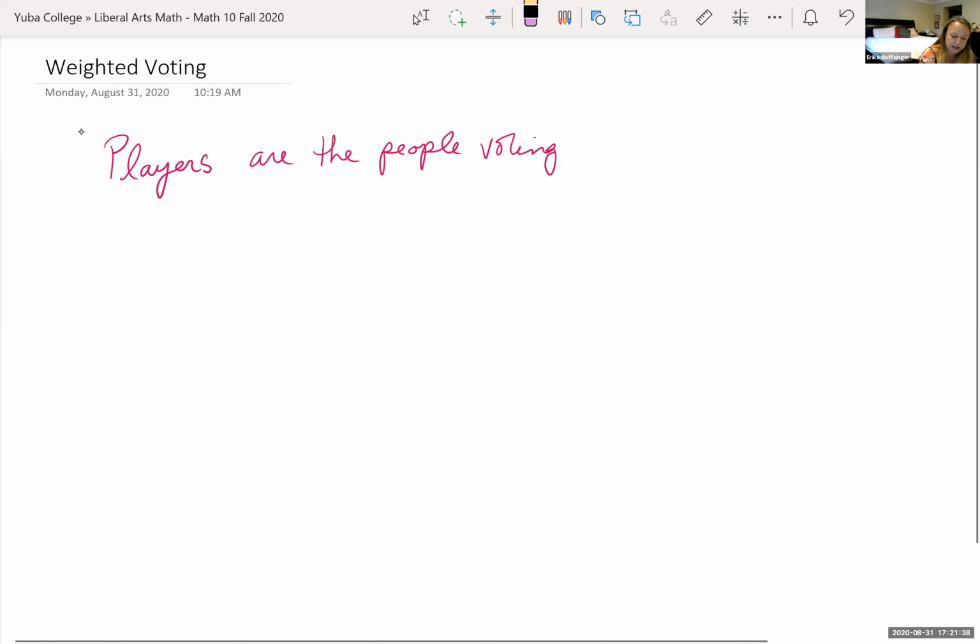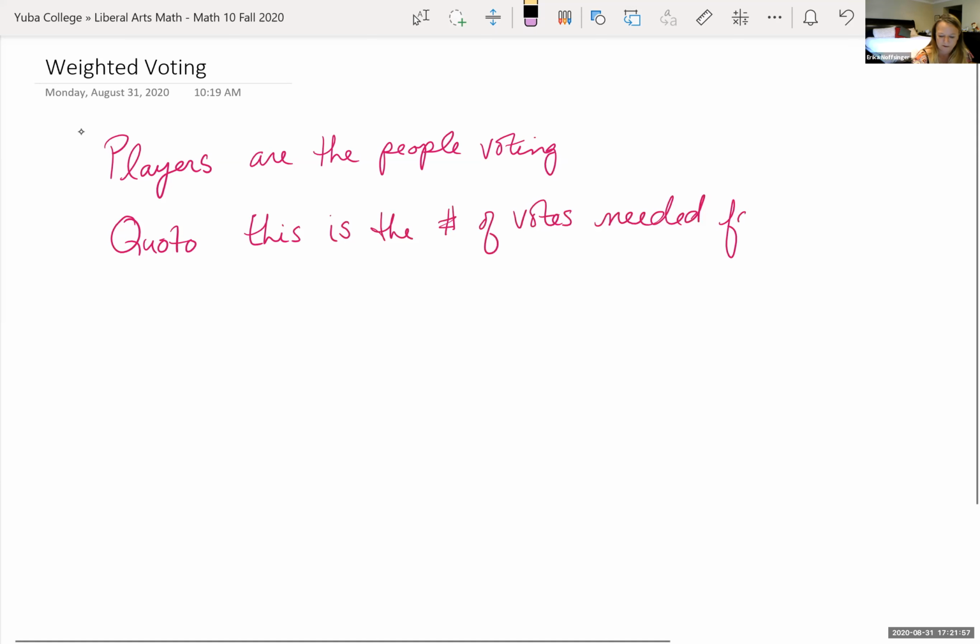The quota is the number of votes needed for a motion or a person to win, whatever you're talking about.